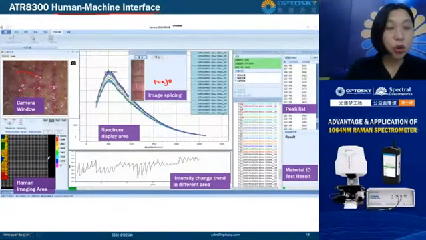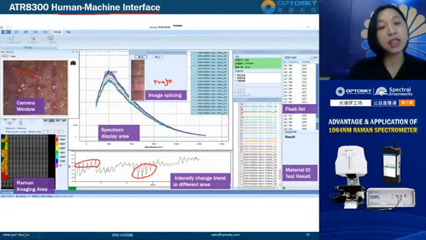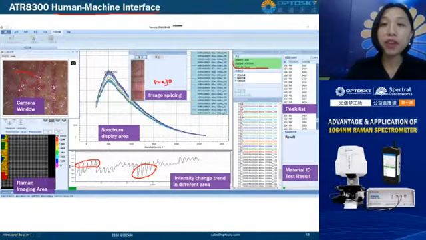And this shows the mapping of the Raman imaging. If you click any place here, it will show the intensity change. Like this one, the concentration is higher, and this one the concentration is lower. You can see it in vivid pictures. And also in this area, if the software is connected, it will show green color.